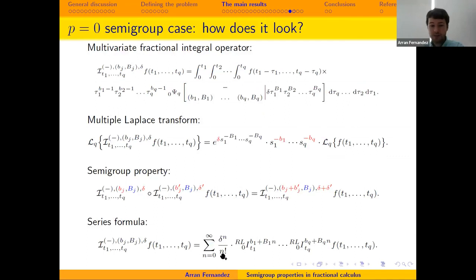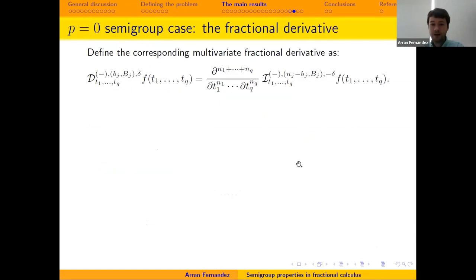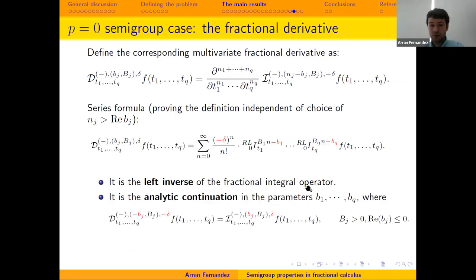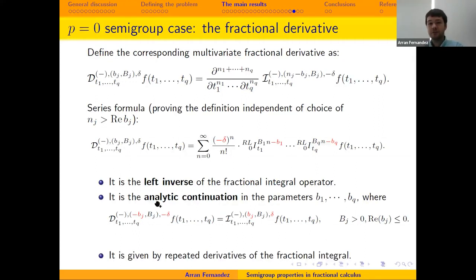We replace delta by minus delta, all the little b's by minus little b's, and we get the series formula for the derivative. So this is the left inverse, the analytic continuation, where we negate the semigroup parameters, the delta and the little b's, and it is given by, in the definition, repeated derivatives of the fractional integral.